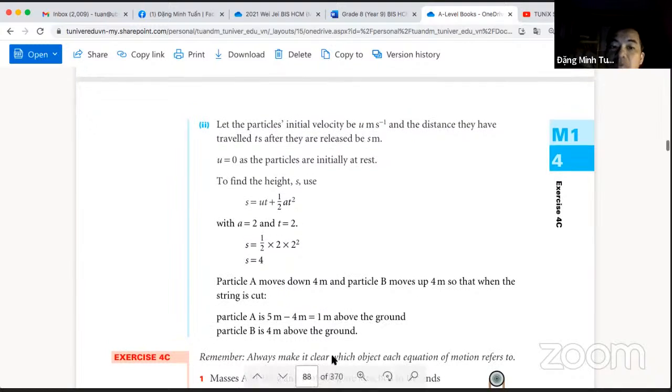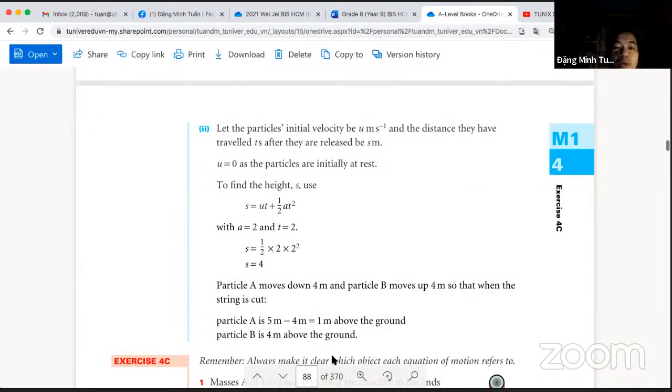Okay. So now I think that this part will help you to understand the system of equations well. Now I remind you that the first step, you draw a diagram of forces. The second step, you write down the second law of Newton for all objects. If you have 2 objects, you must write down 2 second laws of Newton.